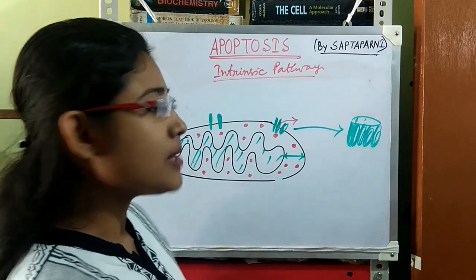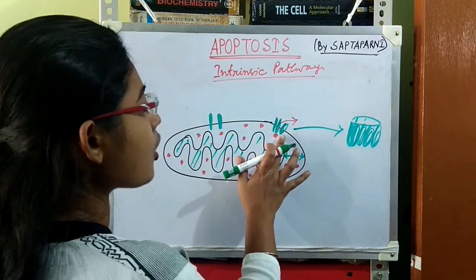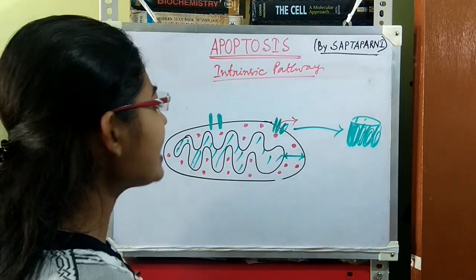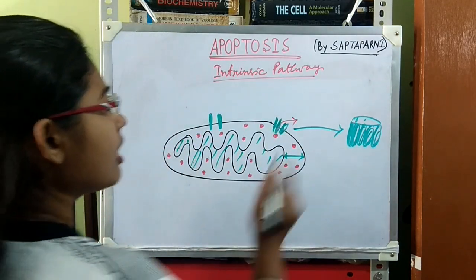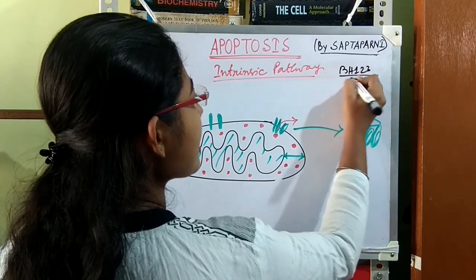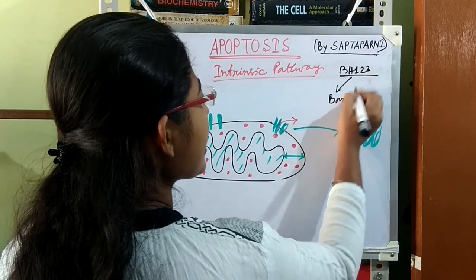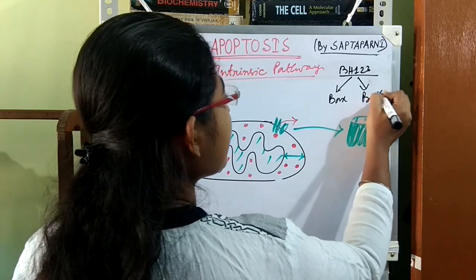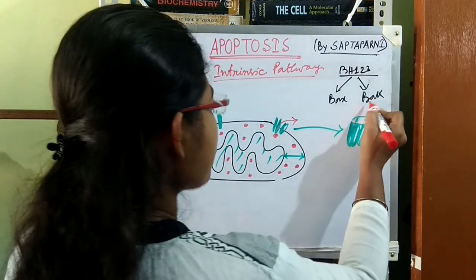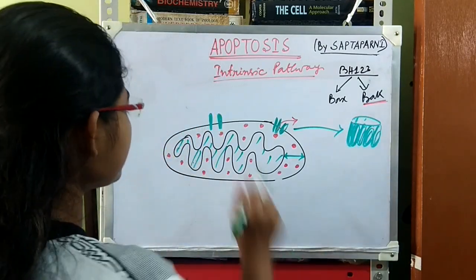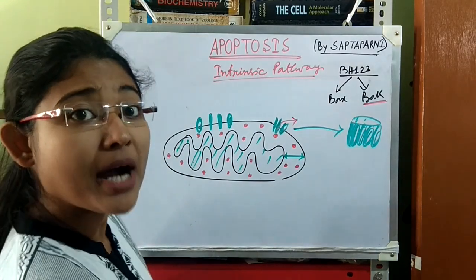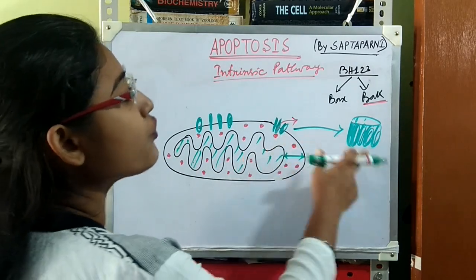But in a normal, non-apoptotic cell, this oligomerization does not form. We are now talking about the BH1 to 3 family of proteins under which Bax and Bak come. In a non-apoptotic cell, this Bak is always present on the outer membrane of the mitochondria, but it does not oligomerize to form a channel.